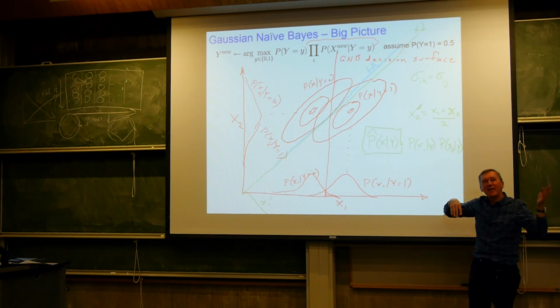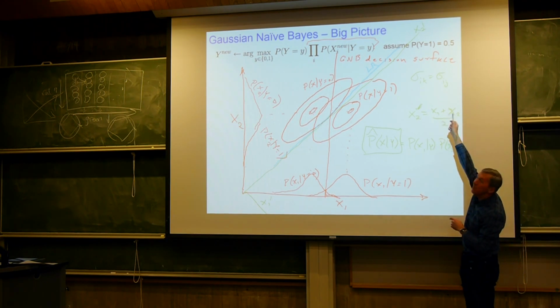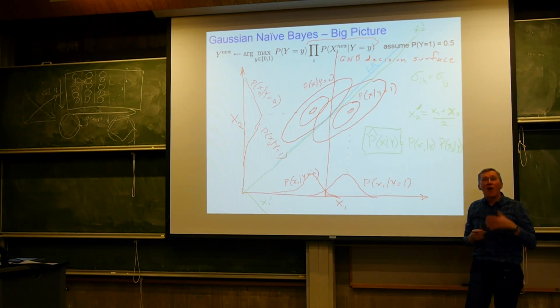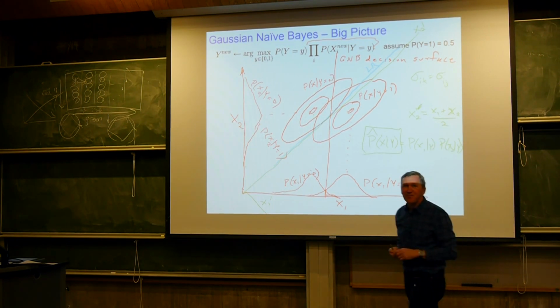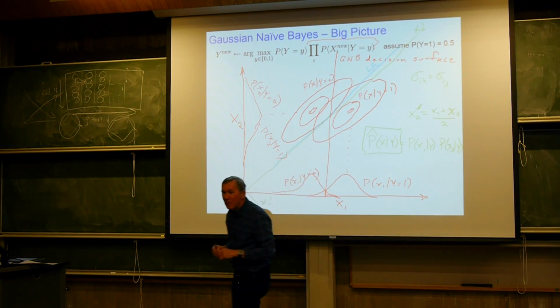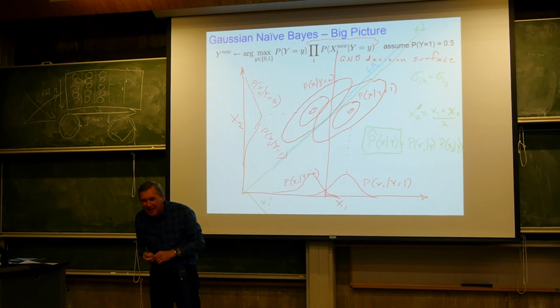But if we define the more flexible Gaussian naive Bayes, which can get different estimates for the two sigmas, then there will also be cases where it can win. In the large data case. Where what? In the large data case, when you have lots of data. In the large data case, that's right.